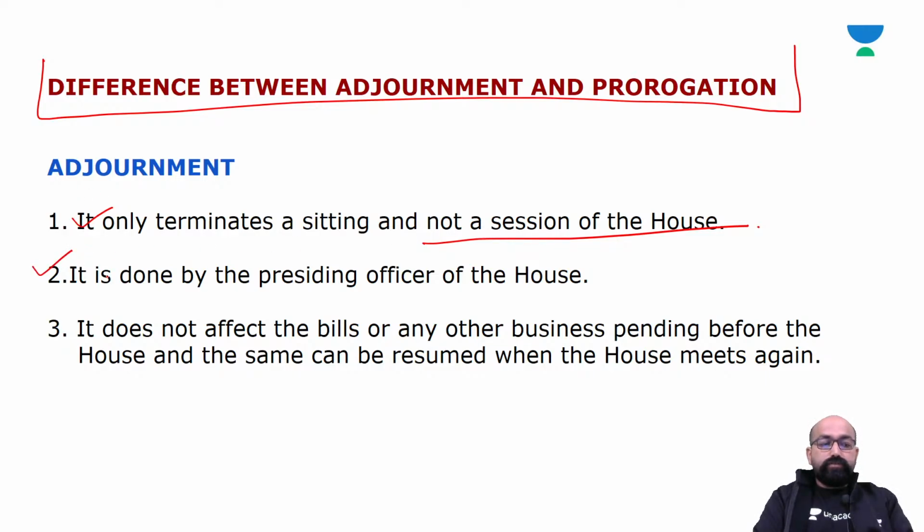It is done by the presiding officer of the house. It does not affect the bills or any other business pending before the house, and the same can be resumed when the house meets again.